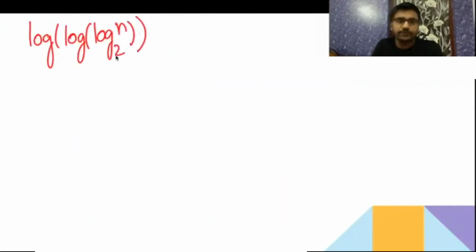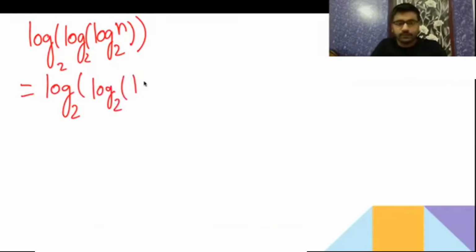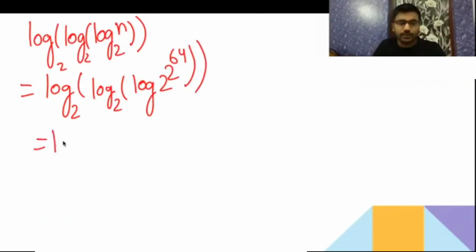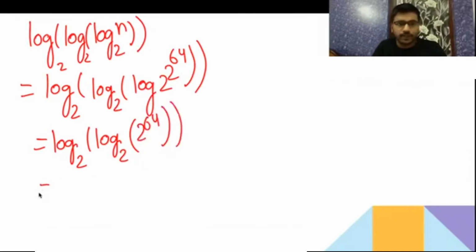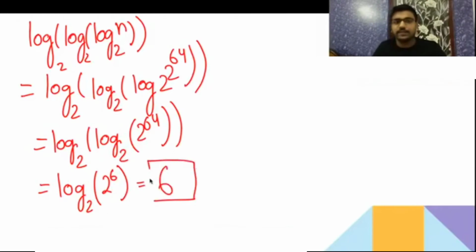Now log of 2 to the power 64 gives you 64, then 64 is 2 to the power 6, and then you are going to get 6, which is the smaller.